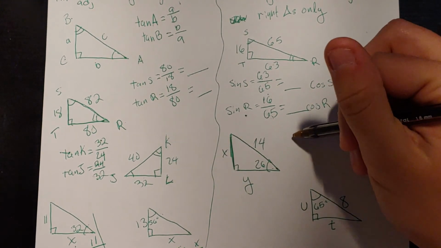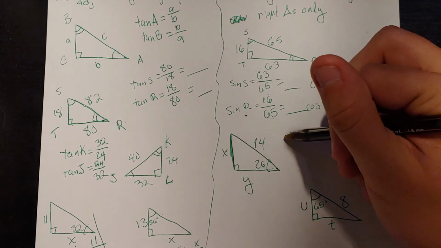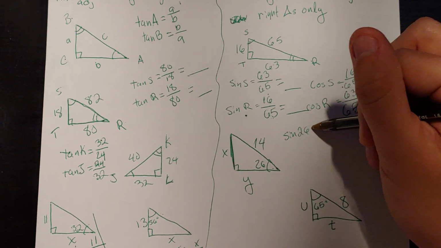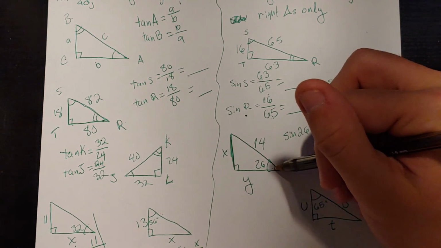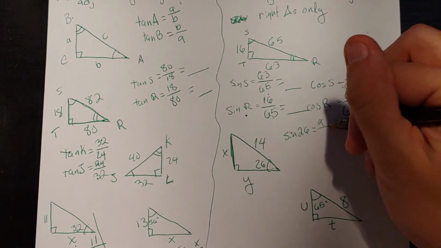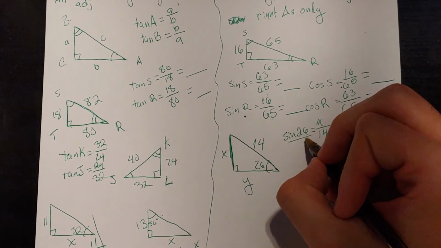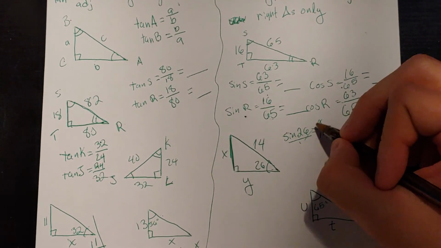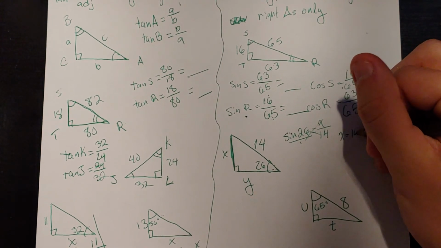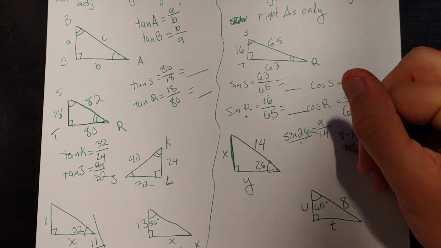If I'm given 26, I'm going to do sine of 26 equals, the opposite of 26 is x, and the hypotenuse is 14. Again, I'm going to cross multiply, so I get x equals 14 sine of 26.